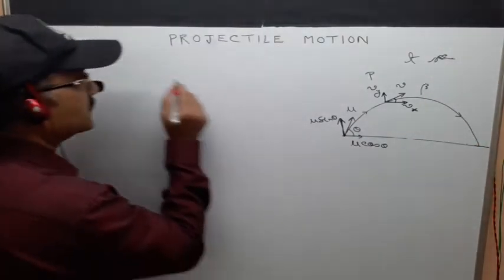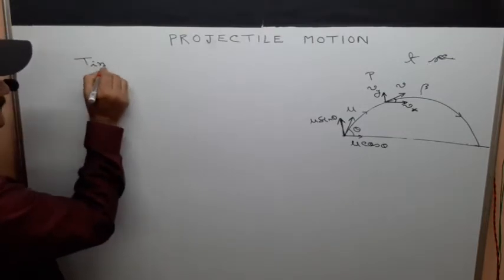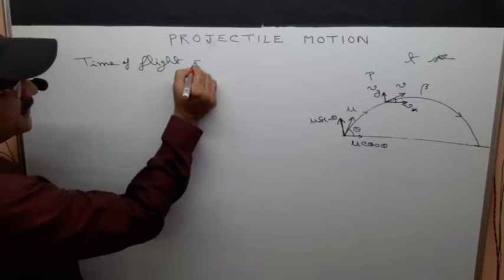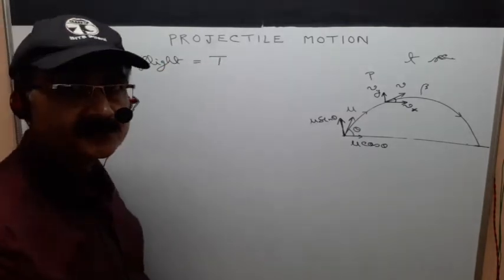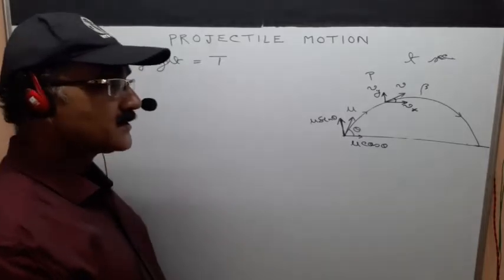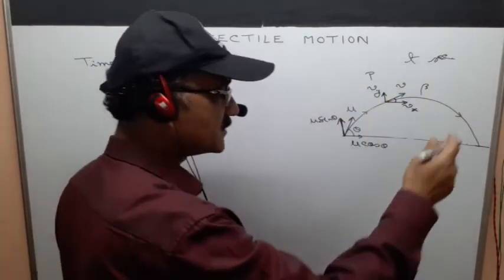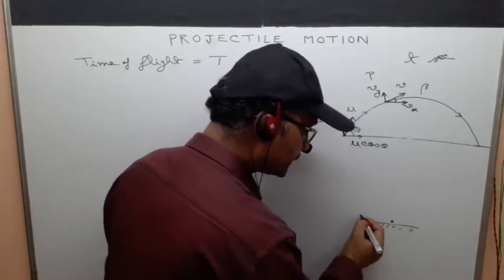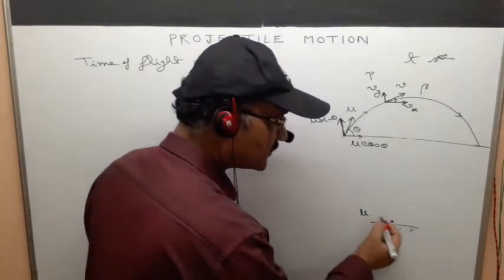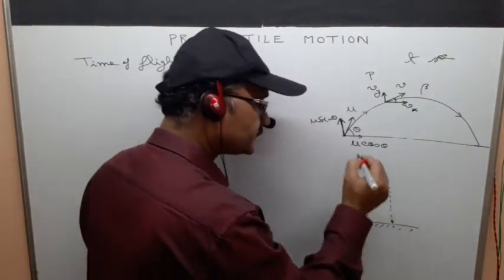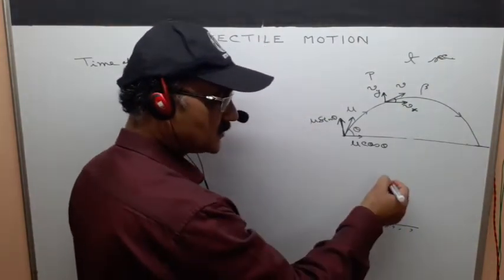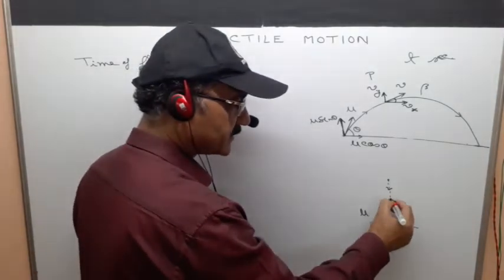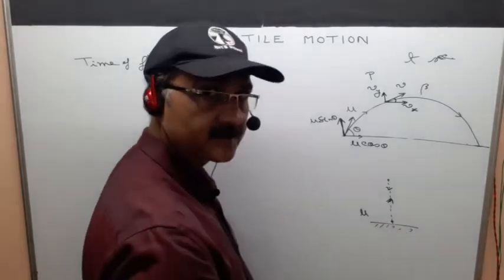So time of flight, let's call it capital T. Now see, this situation is similar to this. If you throw an object with an initial velocity u vertically upward, it goes to a maximum height, then it comes back, falls back to the earth.